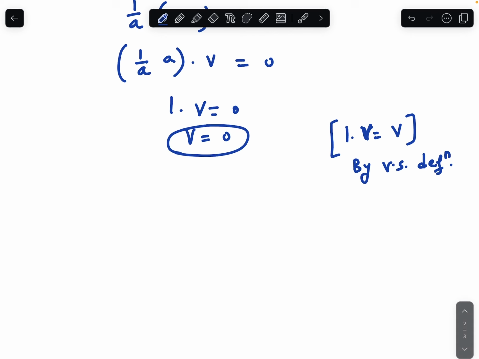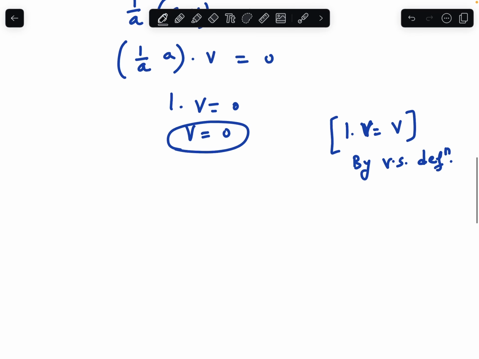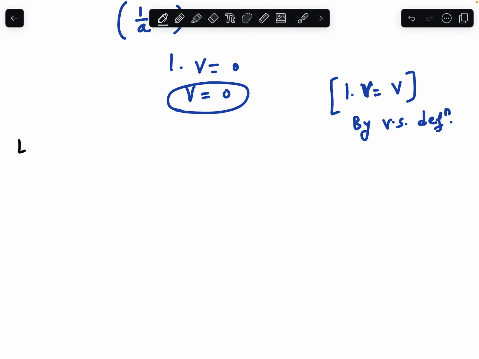Now let's see some more examples. Exercise number 3.